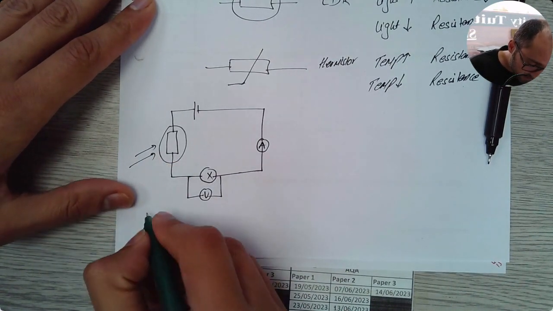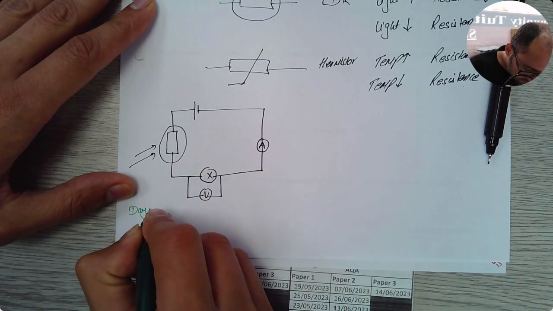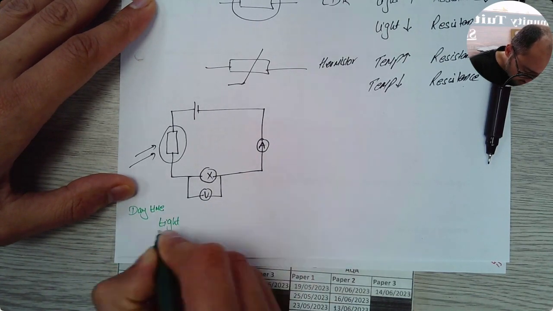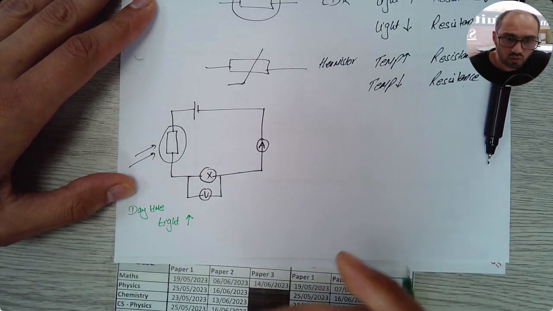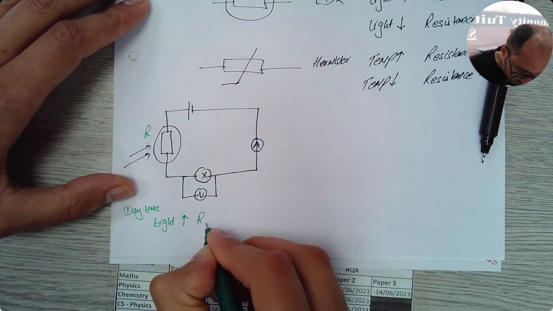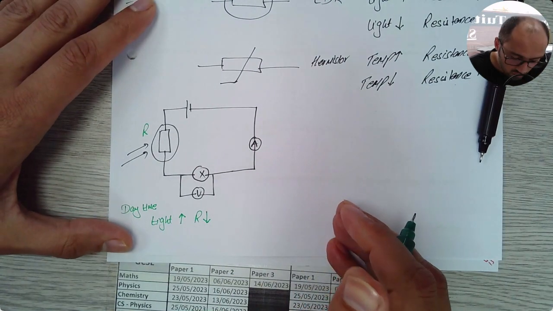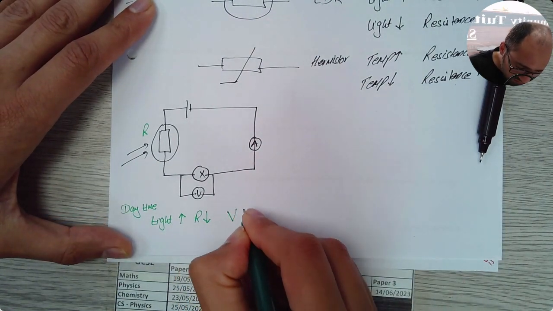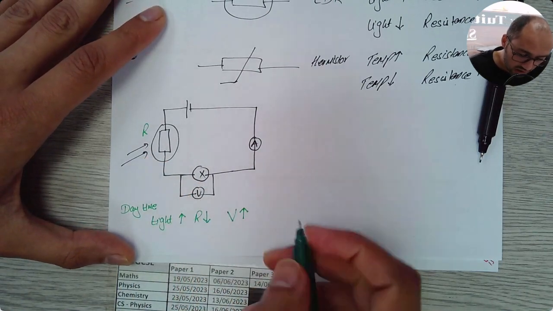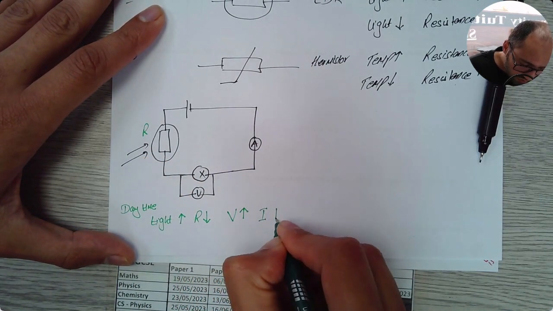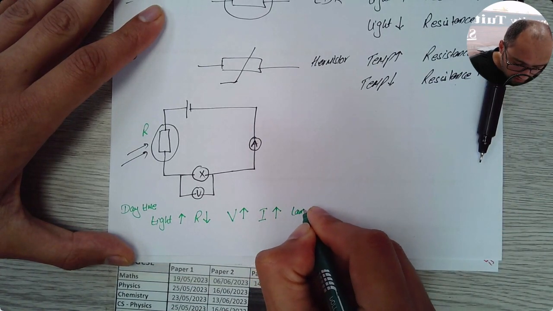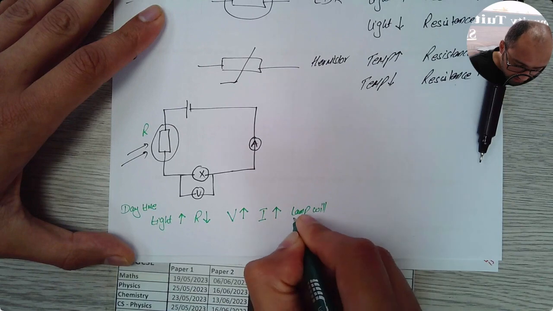So for this, during daytime, light will be more, and if light is more, then R will go lower. If R goes lower, the value of V will go up because it will receive less energy. This component will receive more energy. The value of current will go up, and the lamp will be more bright.